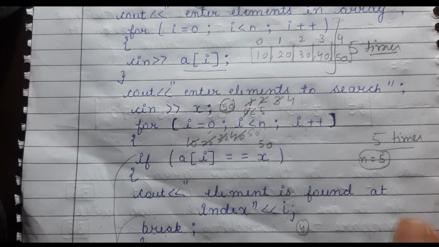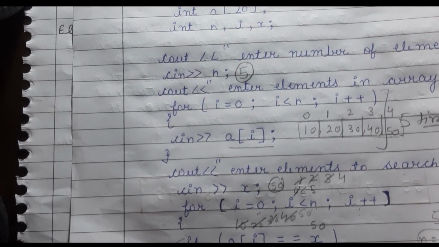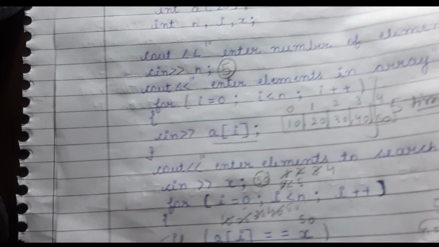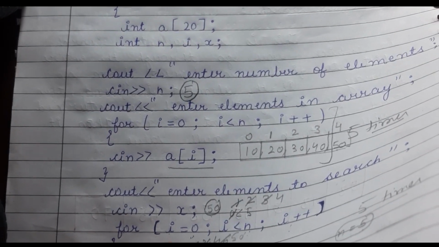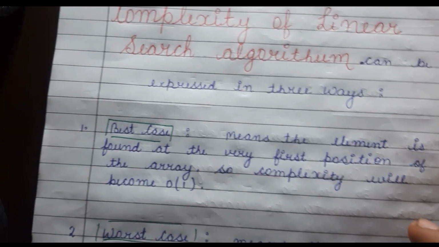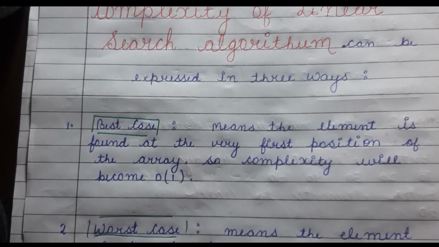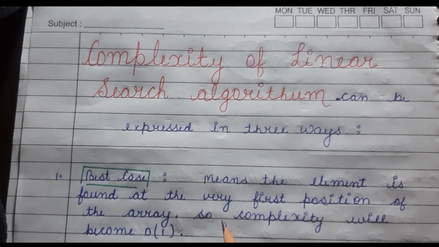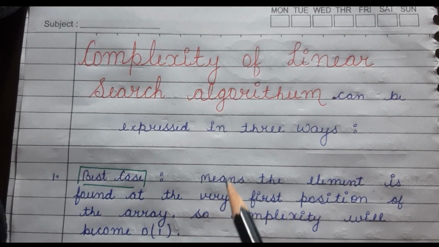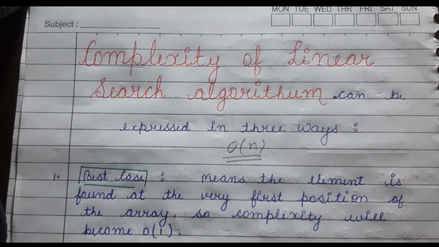So the time complexity of this technique is big O of n. If you analyze the time complexity of a linear search algorithm, it becomes big O of n, where n is the number of elements in the array.